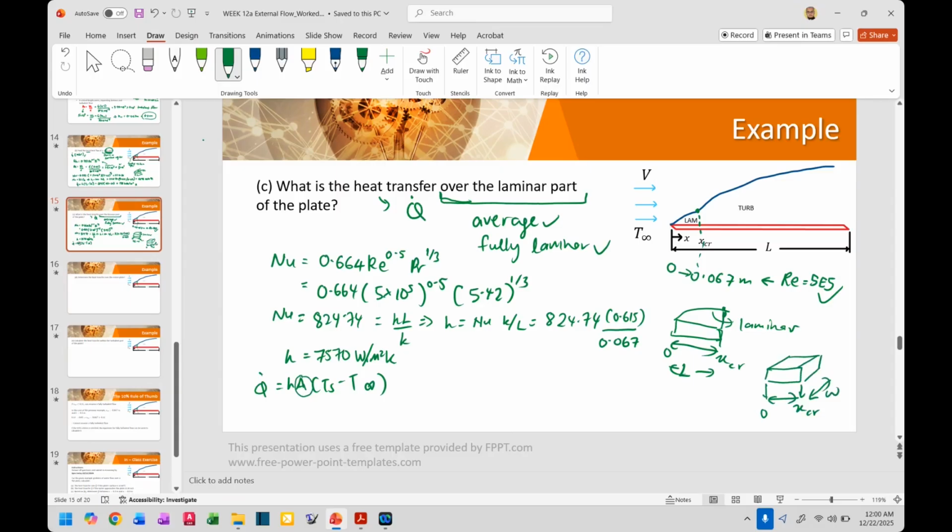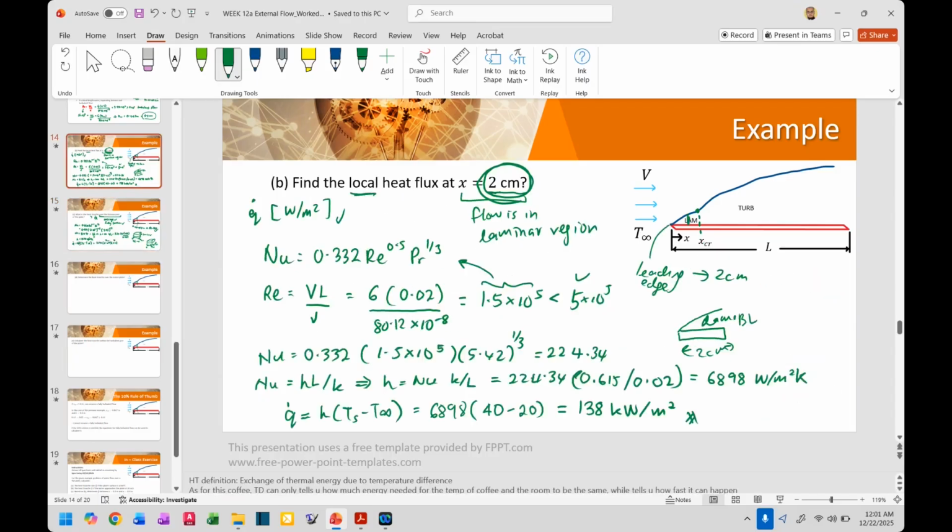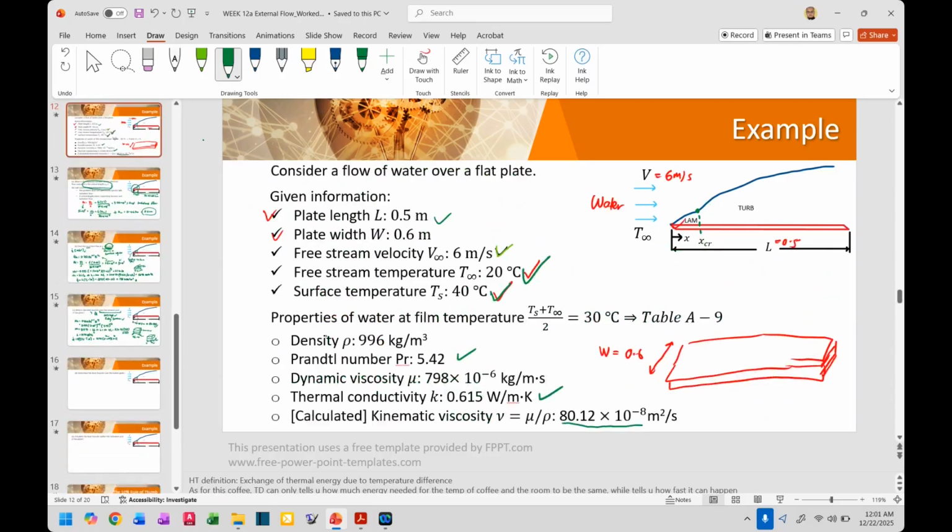So you will have 7570 times the critical length, which is 0.067, by the width, which is 0.6 meters. I believe the width is given as 0.6 meters.